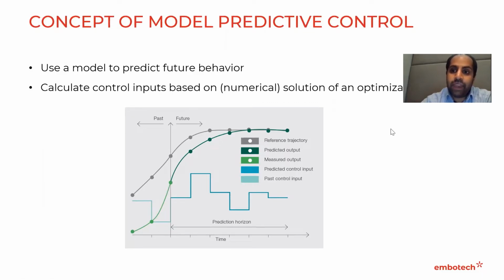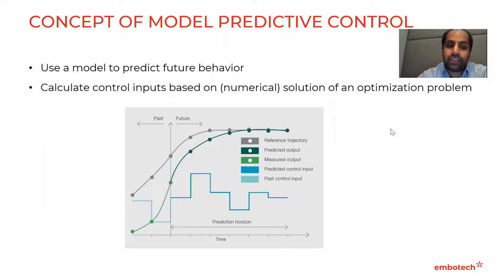Then based on these predictions, you calculate your control inputs by solving an optimization problem. And you do that during runtime of the process, and you get a planning of control inputs that you would apply.